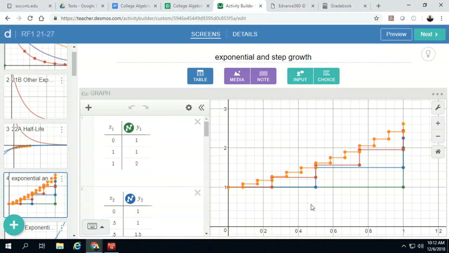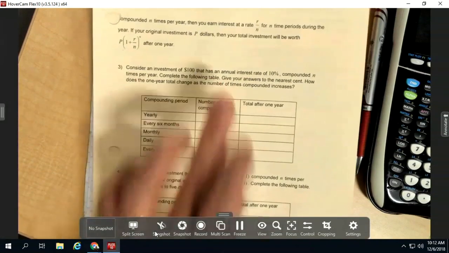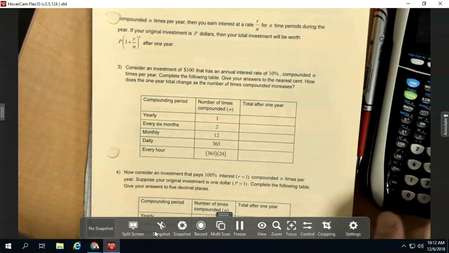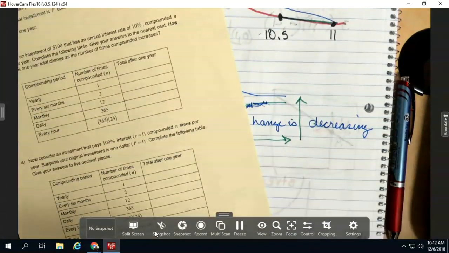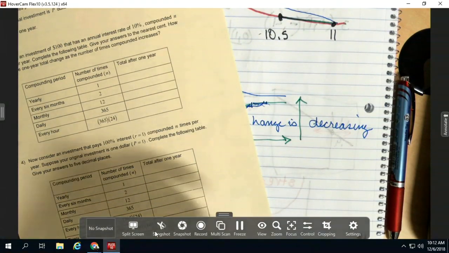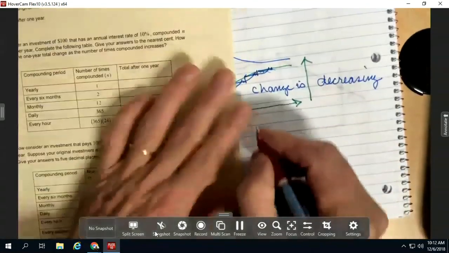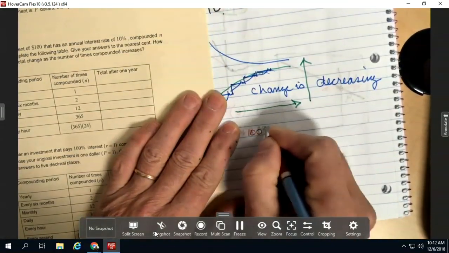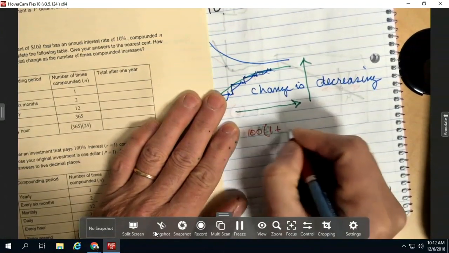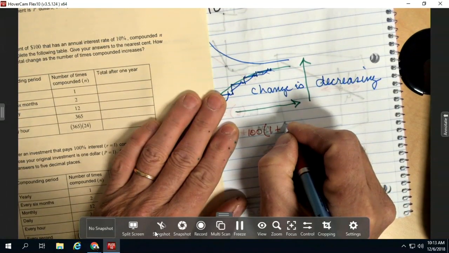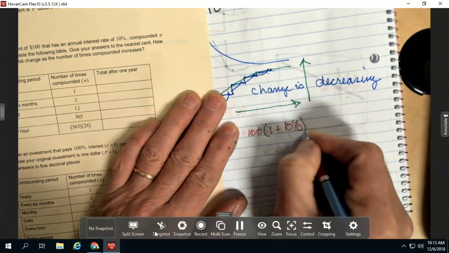Let's look at the math that they ask us to do on the next page. So, if we compound $100 at 10% a number of times per year, let's write down the formula for each one of these. The first one will be $100 times 1 plus 10% to the first.